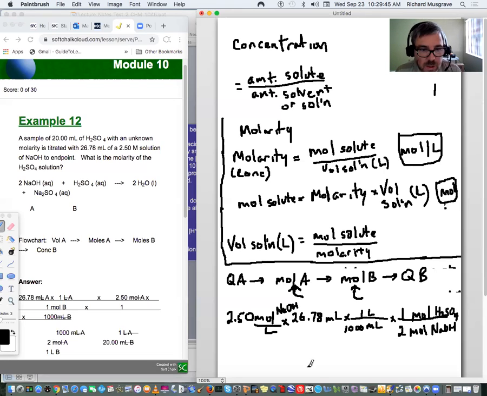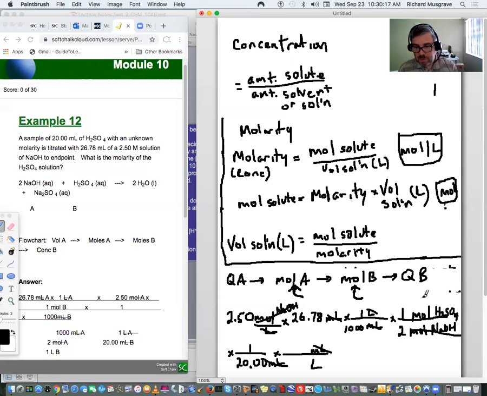The next thing we need, again, is the molarity, and we do that by times 1 over the volume given, which is 20.00 mL. And that's for the H2SO4. And then milliliters will be on top, liters will be on the bottom, and we will end up getting moles per liter. See, the milliliters cancel. The moles here cancel, milliliters, liters cancel, and the moles of NaOH will cancel as well.